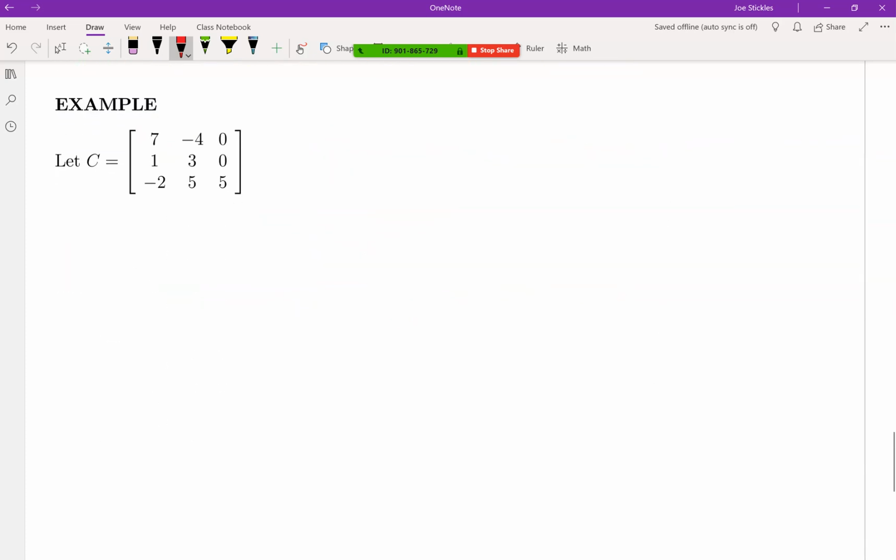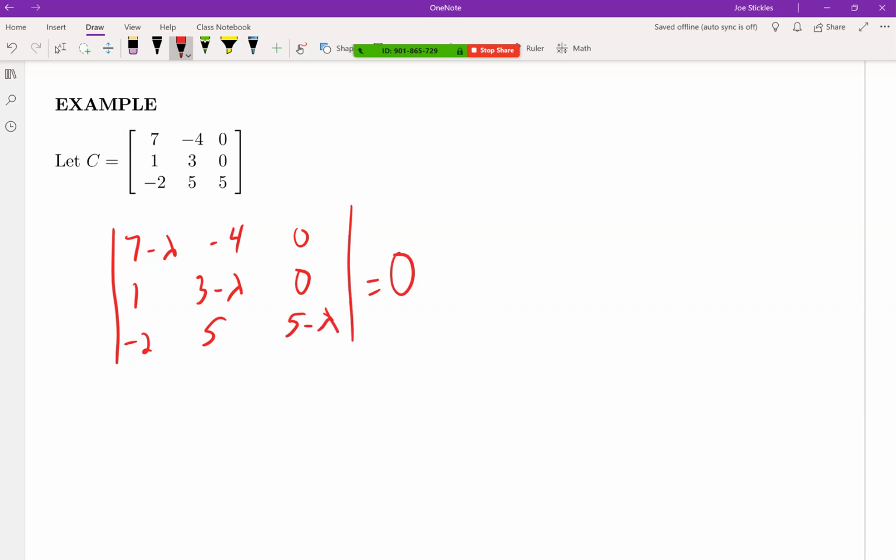Okay, same idea here. Set up our characteristic equation. This is another one where I set it up so the determinant's not so hard to take. Well, I say that now.